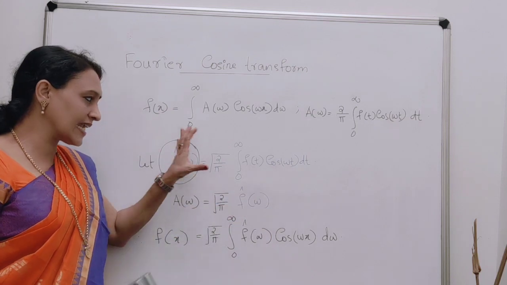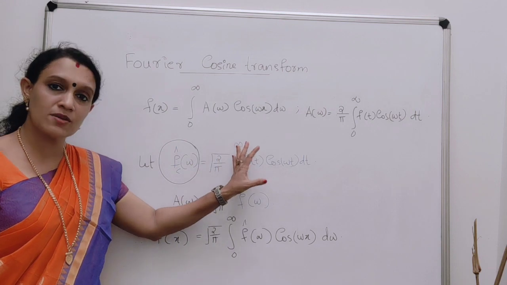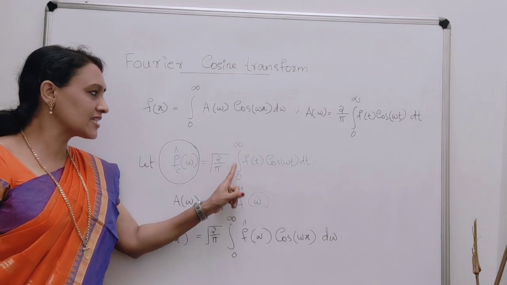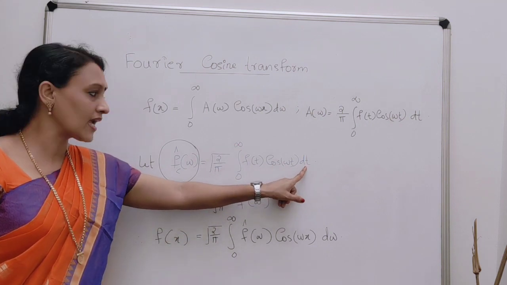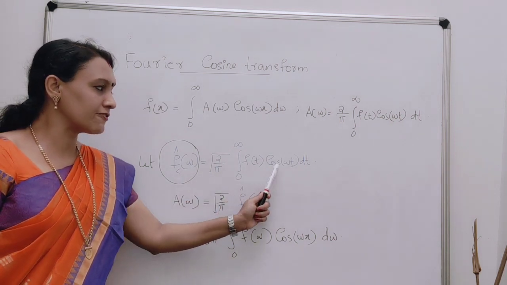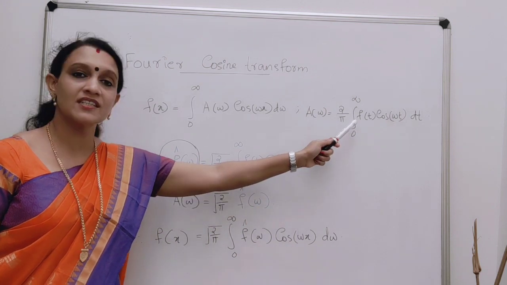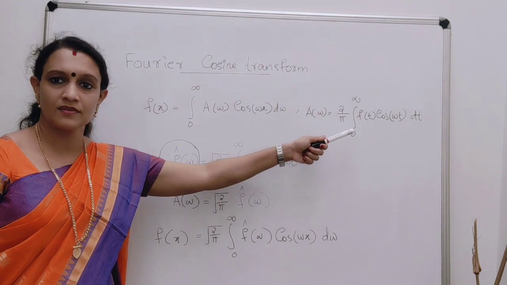We are setting this function in such a manner. Now look at this integral, 0 to infinity f of t cos omega t. The same integral comes under A omega. So what will be A omega?